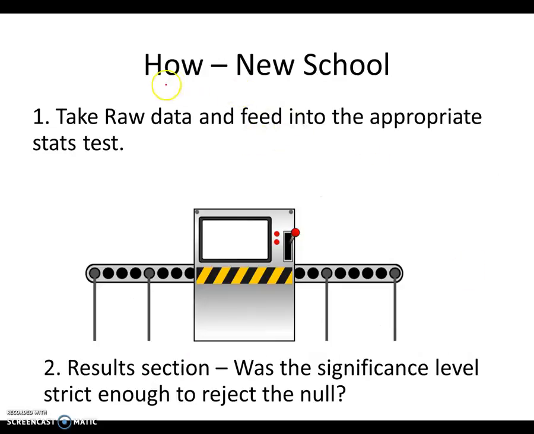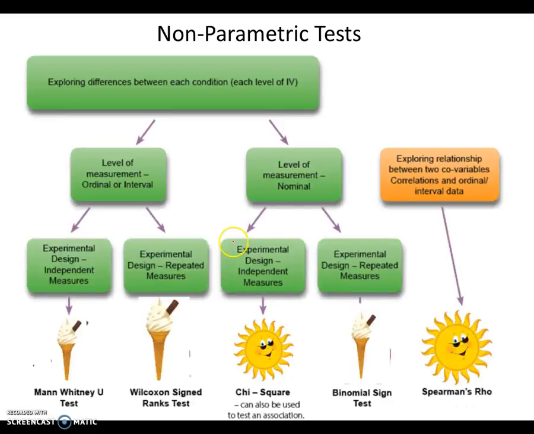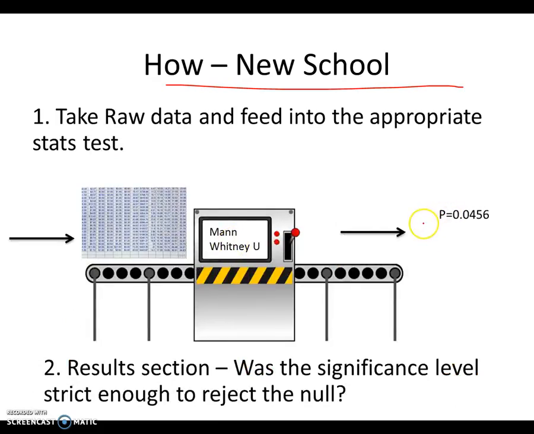New school way. You take the raw data, you put it into a stats test, online a lot of the time, but there's a program called SPSS, and it tells you the exact level, the point at which it is significant, like p equals 0.0456. And you can then tell, right, it's less than 0.05, so we're going to accept our experimental hypothesis, alternate hypothesis, and reject our null.